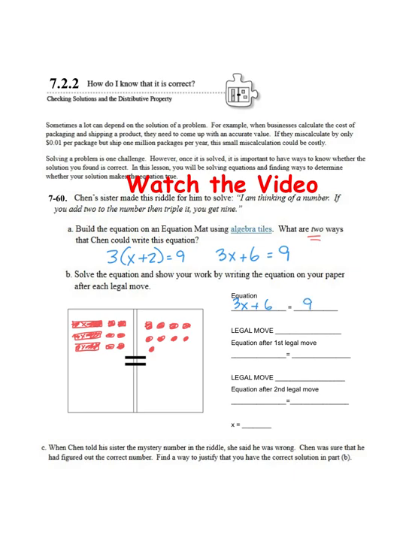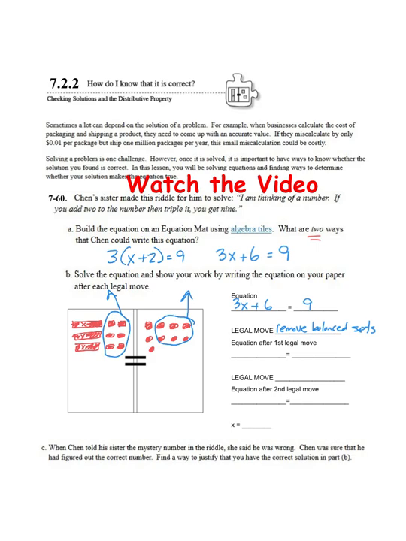My first legal move is going to be remove balanced sets, or teeter-totter, as Mr. Nelson calls it. So remove balanced sets. And what that means is, what do I have on both sides that I can take away? Well, I have 6 tiles here, and I can take 6 from here.